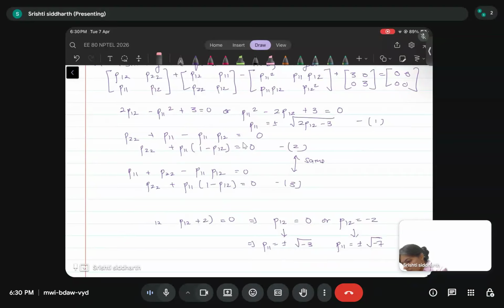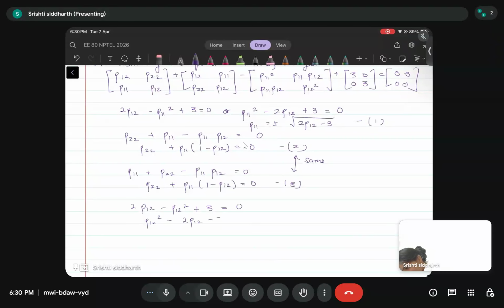Sorry, this is wrong. So we have 2p12 minus p12 square plus 3 equals 0. Or you can write p12 square minus 2p12 minus 3 equals 0.